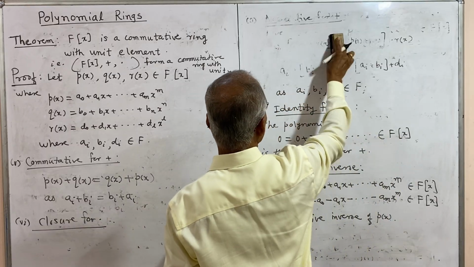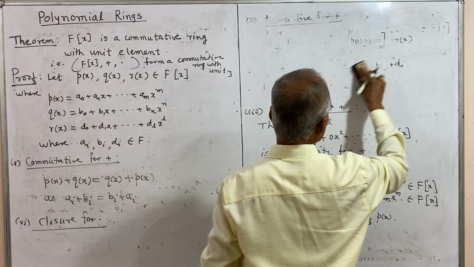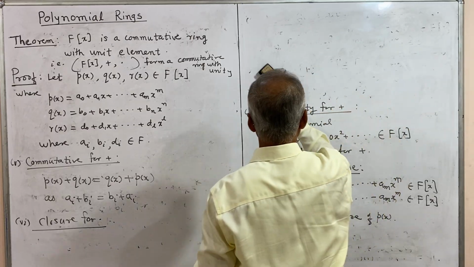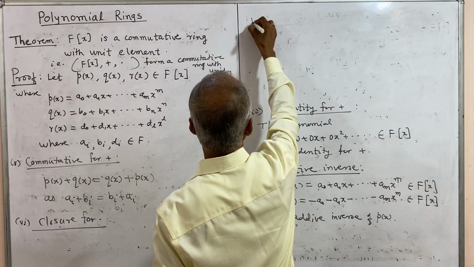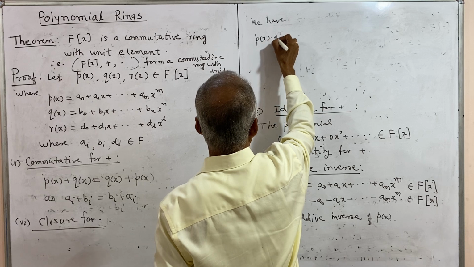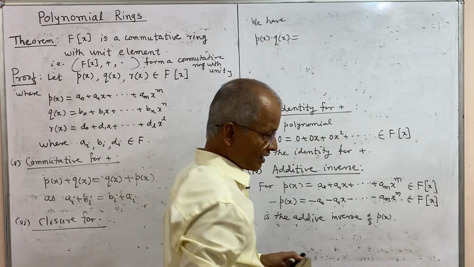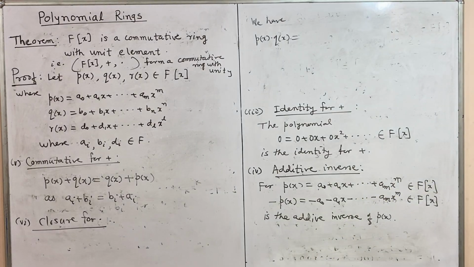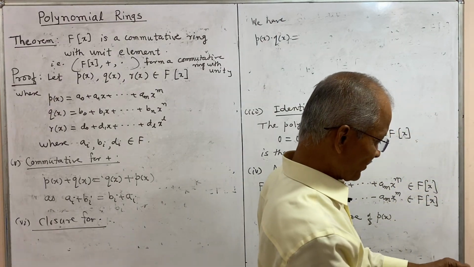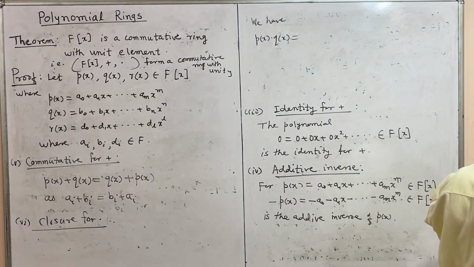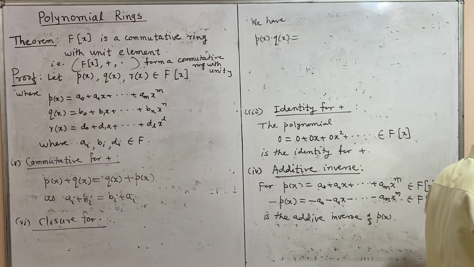We have defined earlier the multiplication of polynomials, and that multiplication can be expressed as p of x into q of x, and that we have written as c naught etc.